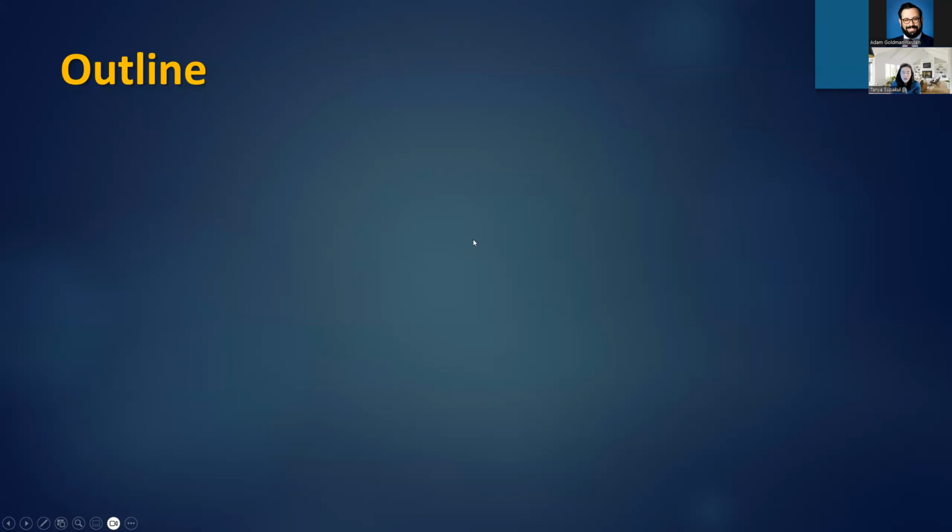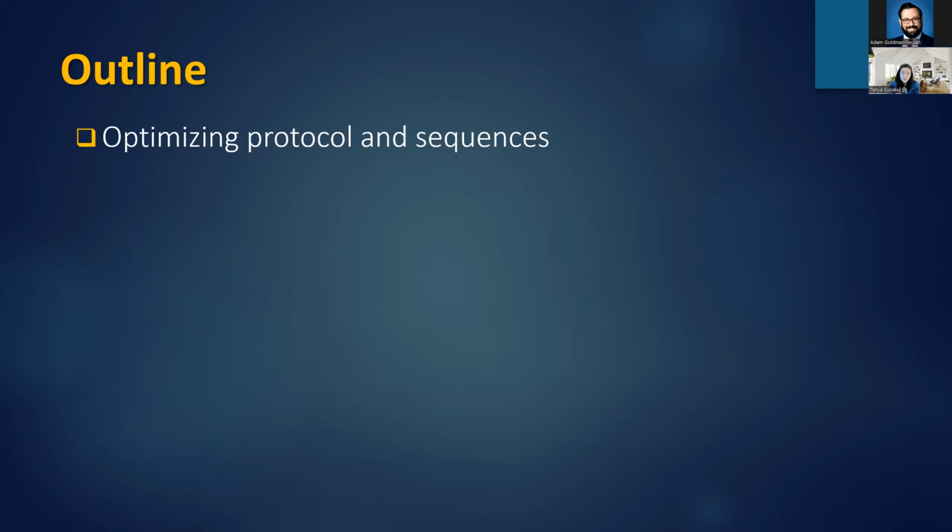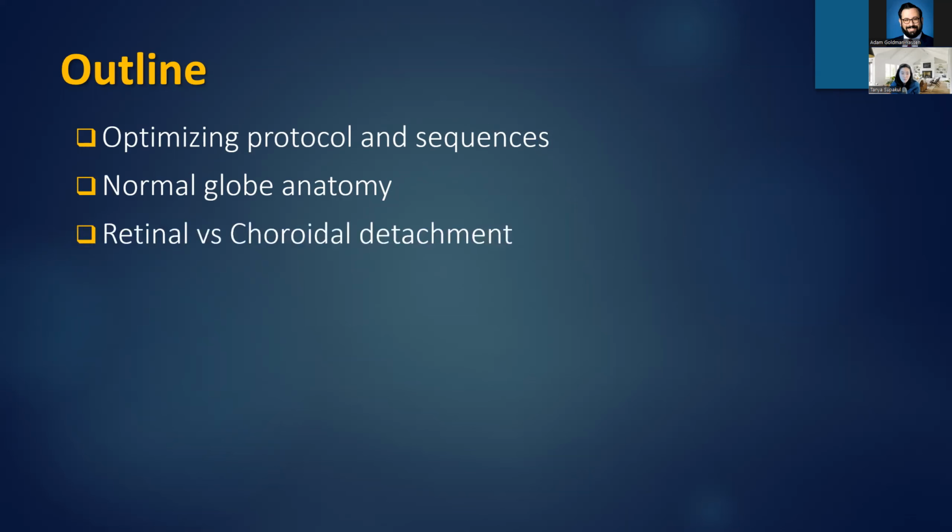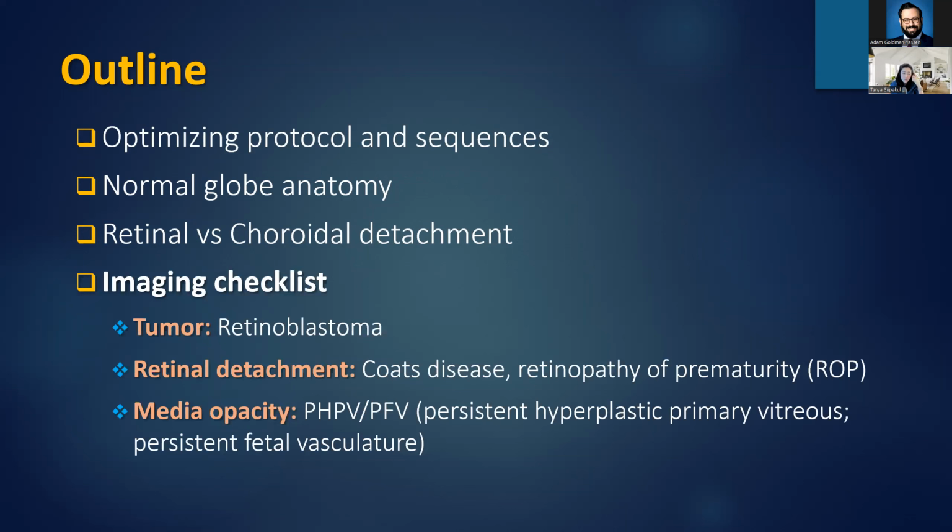Okay, so the outline for today: I will start with the optimization of the protocol and sequence, what we should do when we have a patient with leukocoria. And then I'm going to talk about the normal globe anatomy and try to differentiate between retinal and choroidal detachment. And I will walk you through the imaging checklist for the most common diagnoses for the patient with leukocoria.